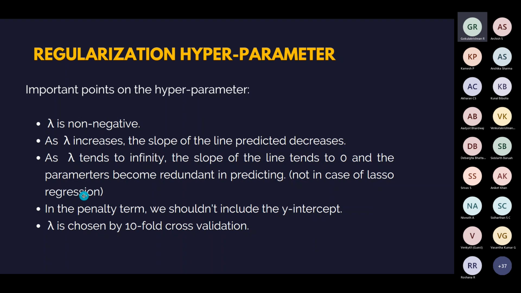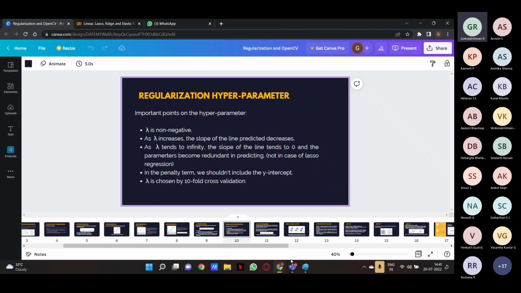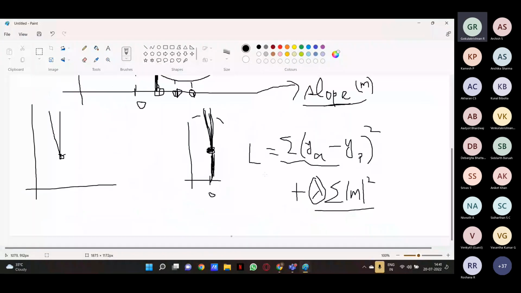And one more important point which I purposely missed at the beginning, because I thought you guys would ask why we're not adding this: in the penalty term we don't add the intercept. While explaining ridge regression, I've added only the slope, right?